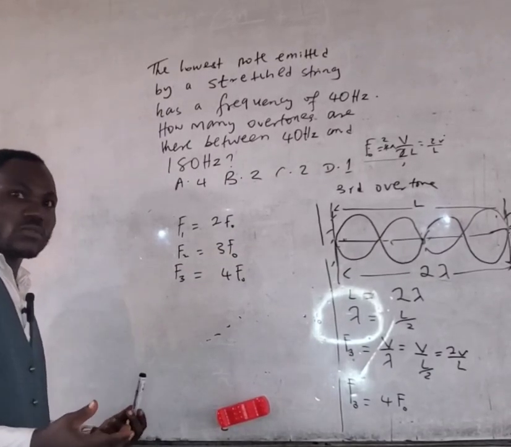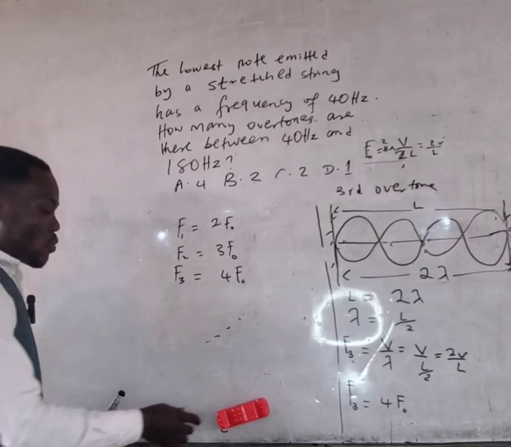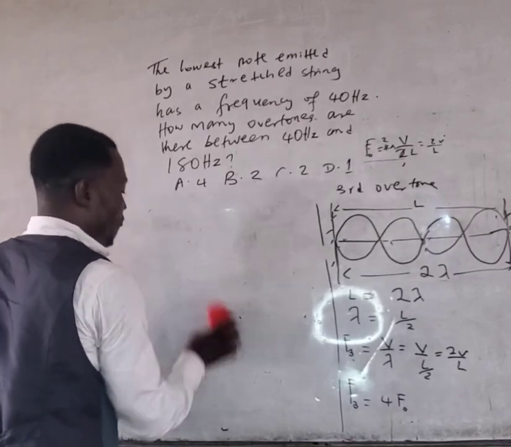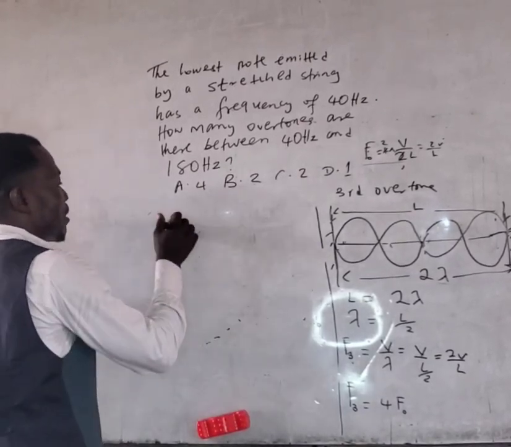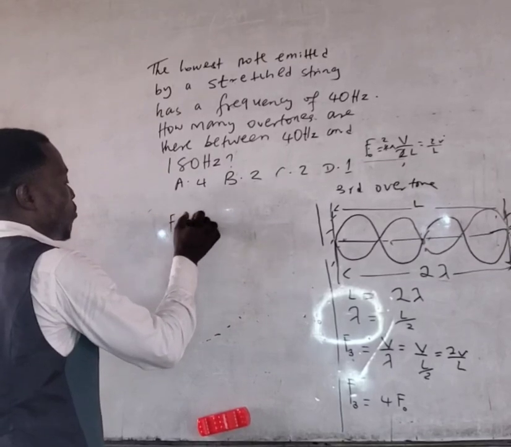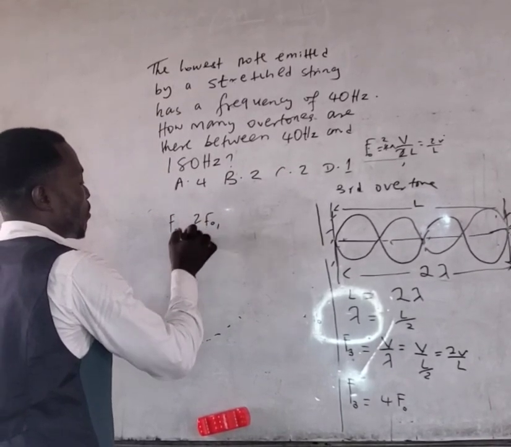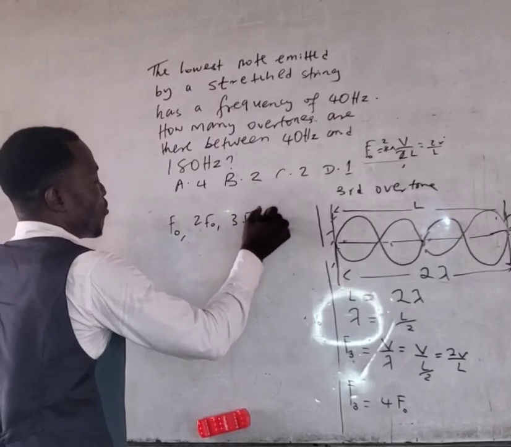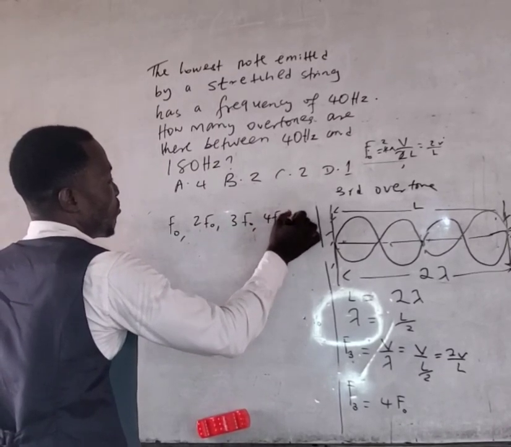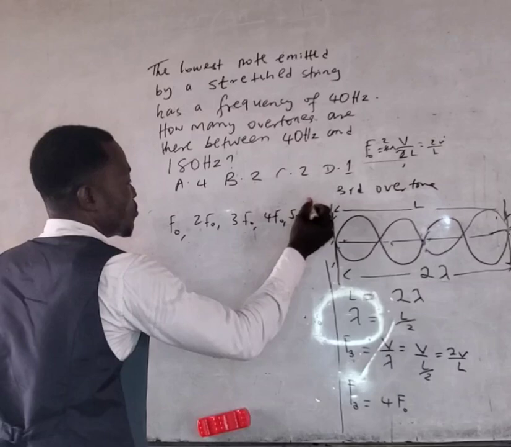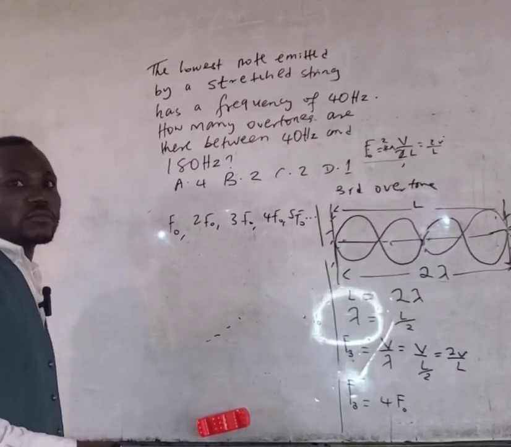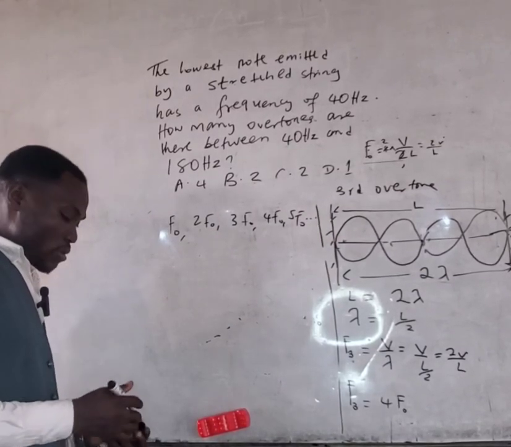And that is how the thing goes. So we can see that the frequencies are in the form FO, 2FO, 3FO, 4FO, 5FO, and so on. Are we good? All right.